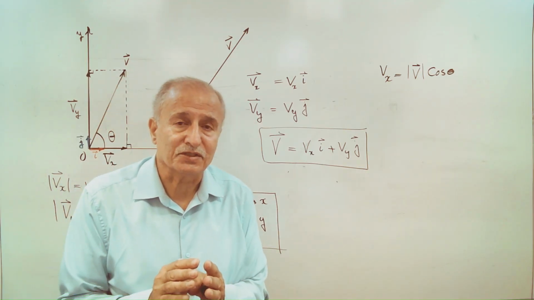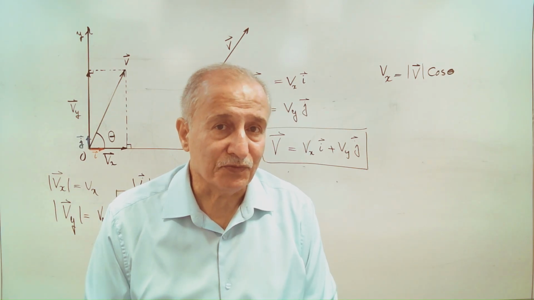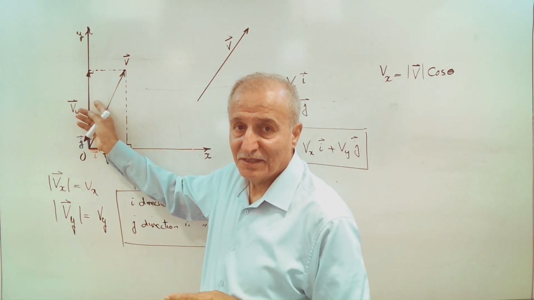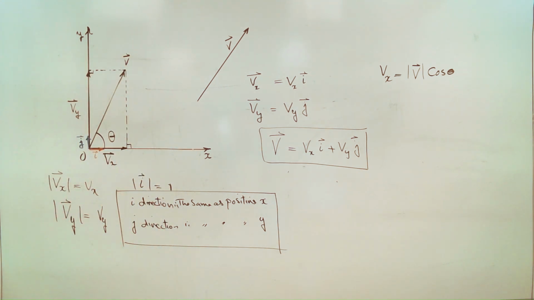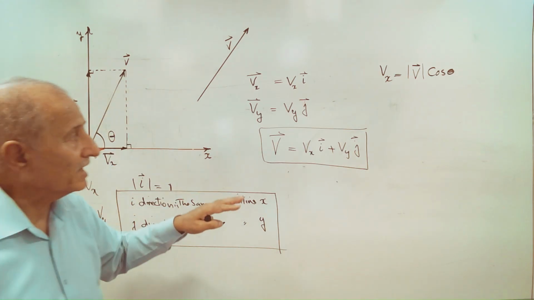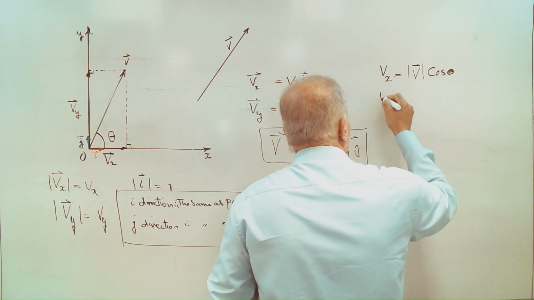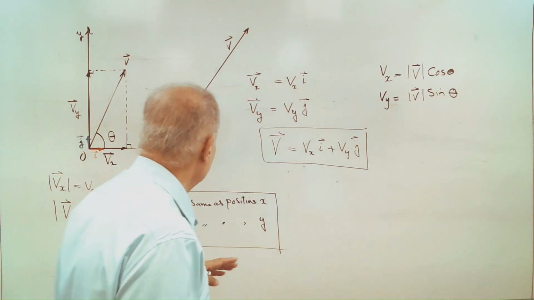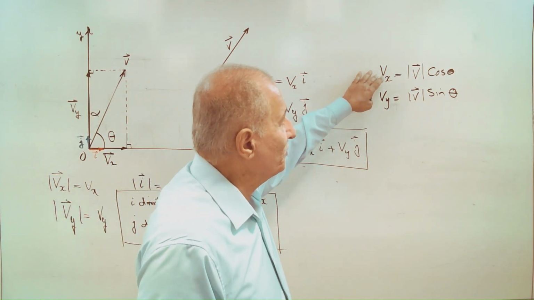Let's stick to this cosine of theta, because some confusion happens if you, for example, show the angle with respect to the y-axis. Then in this case, sine and cosine places will be changed. So we show only the angle of the vector with respect to x as theta, and we stick to that: always Vx is equal to the magnitude of the vector times cosine theta, and Vy is the magnitude of the vector times sine theta.